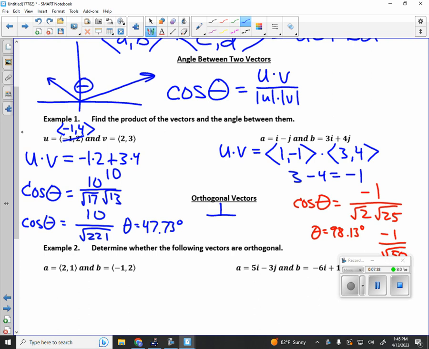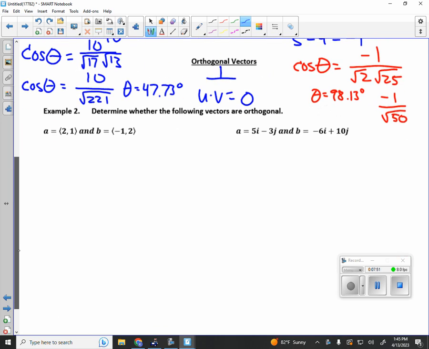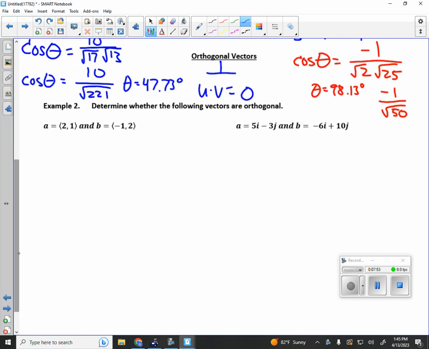Is a fraction equal to 0 when the top is 0 or when the bottom is 0? The top. So when the top is 0, or simply when the dot product, u times v, is equal to 0, we know that those vectors are in fact perpendicular. They are orthogonal. So we should be able to look at a couple sets of vectors and say, are they orthogonal or are they not? So a times b is equal to -2 plus 2, which is 0. So yes, they are orthogonal.